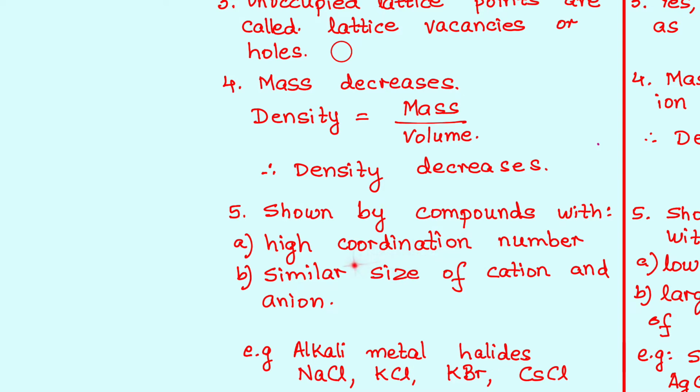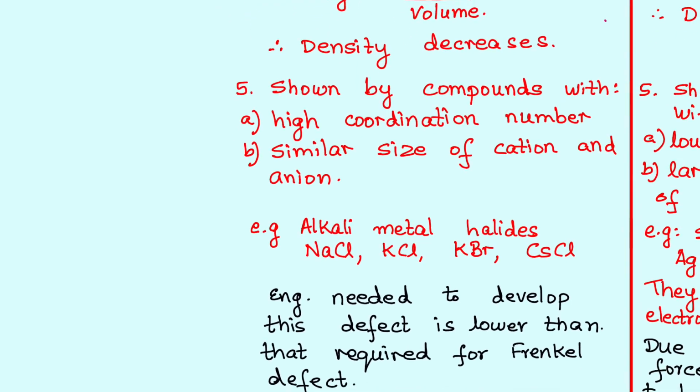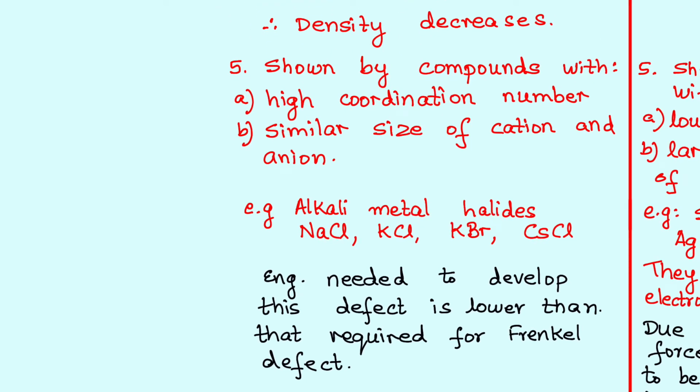But for this defect to be successful, the size of the cations and the anions should be more or less equal, because they are going to compensate for each other's absence. We usually find these kinds of defects in the alkali metal halides. So sodium chloride, potassium bromide, cesium chloride, and of course AgBr. We gave that example, right?